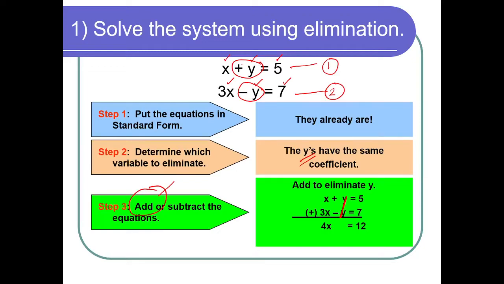X plus 3x is 4x. 5 plus 7, that's 12. And then, solving for x, take note, whatever is the coefficient of x, that is the divisor, divided by 4. So that you can cancel 4 there. 12 divided by 4, therefore the value of x is 3. So that's step number 3.